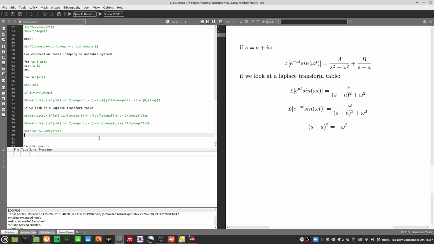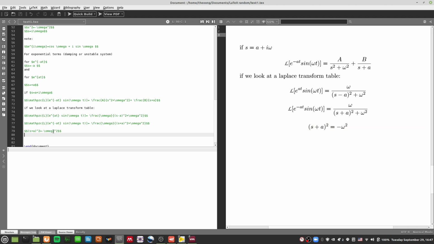All right, so what happens if you take the square root of both sides? Okay, so you have plus minus (s plus a) equals plus minus i omega. Right, so this is what it will look like.